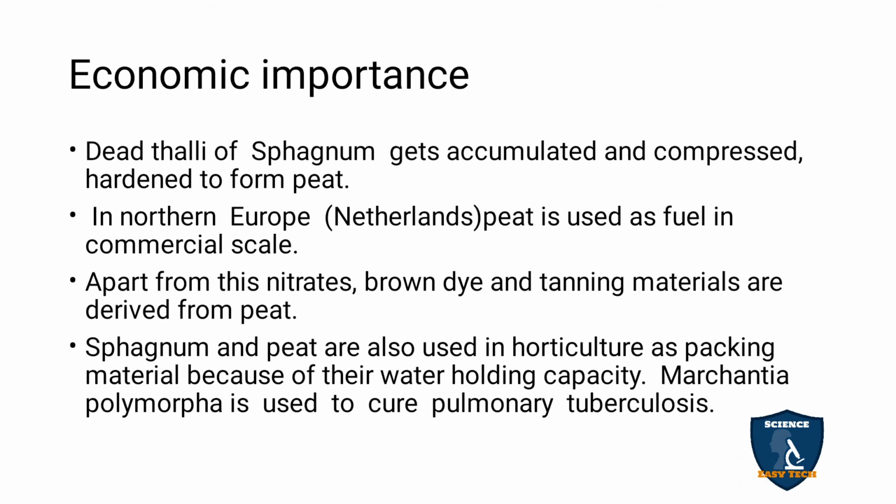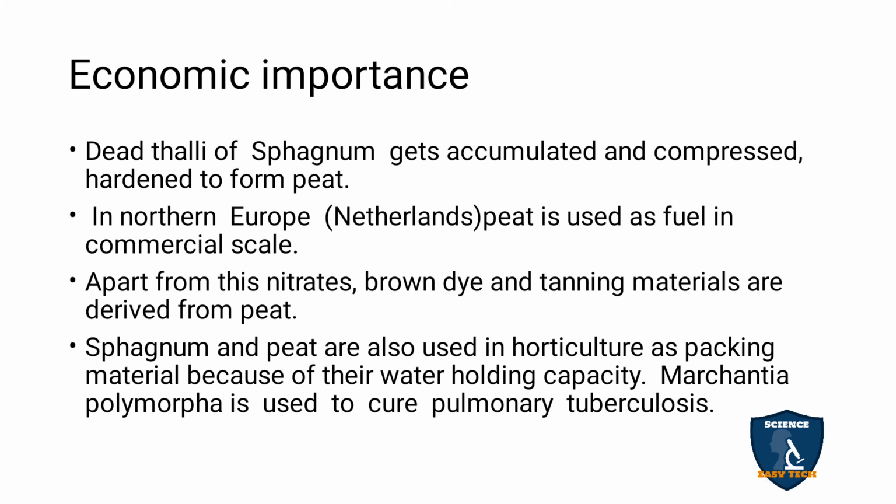Apart from this, nitrates, brown dye and tannin materials are also derived from peat. Sphagnum and peat are used in horticulture and in packaging materials because of their water holding capacity. Marchantia polymorpha is used to cure pulmonary tuberculosis. They may ask what the uses of peat are.